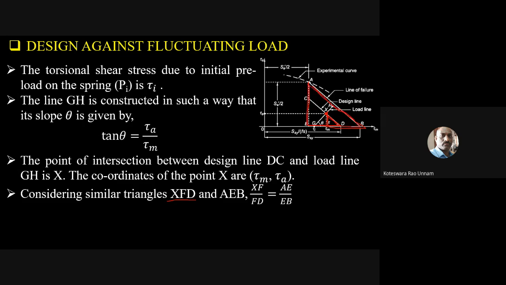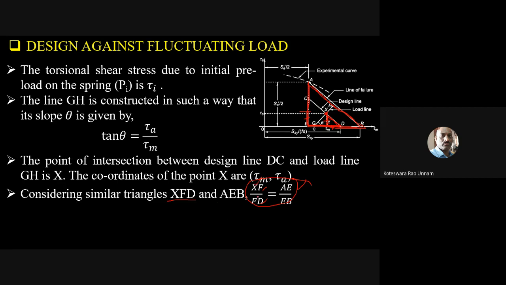So now this side divided by this side should be equal to this side divided by this bigger side. So XF divided by FD should be equal to AE divided by this bigger side, EB. That's what you will get from the properties of similar triangles.